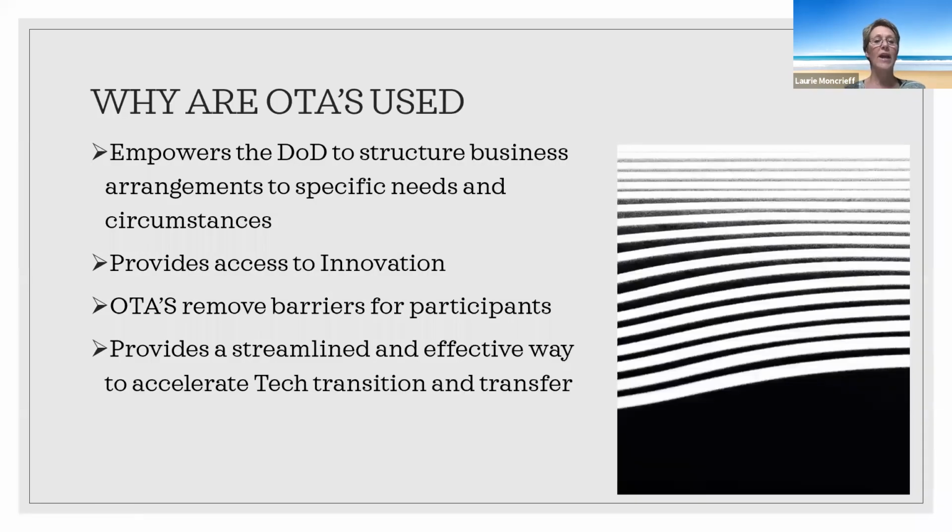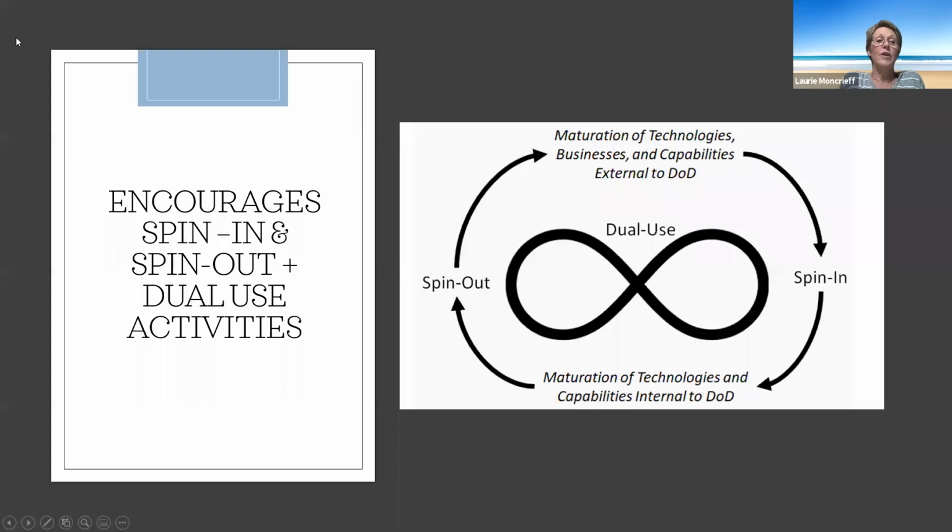Next slide. So why are they used? Empowers the DoD to structure business arrangements that meet their needs and meet their needs quickly, provides access to innovation, removes barriers, and gives a streamlined contracting mechanism to accelerate tech transfer and transition. The other important point, if you read the OTA language, is they want to encourage both spin in and spin out, which means they want to use that tool to transition technologies to the private sector to sell back to the government, and also do transfer of technologies in the government.